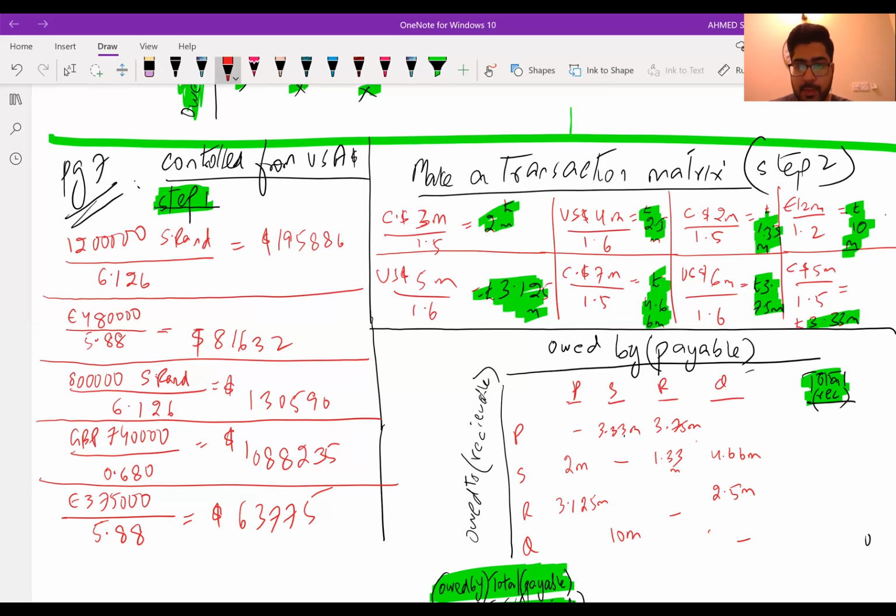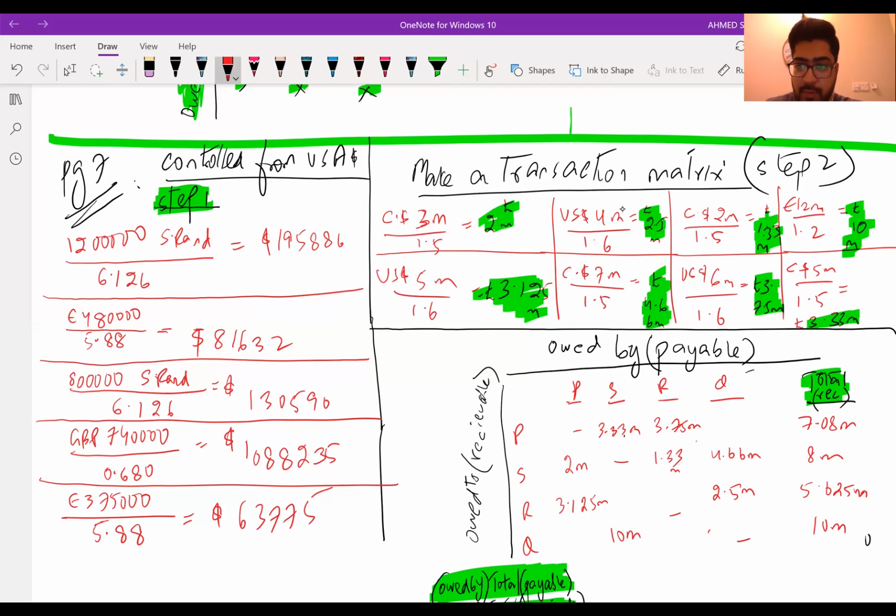You need to total horizontally and vertically. So 3.33 plus 3.75 gives 7.08 million, then 8 million, 5.625 million, and 10 million.